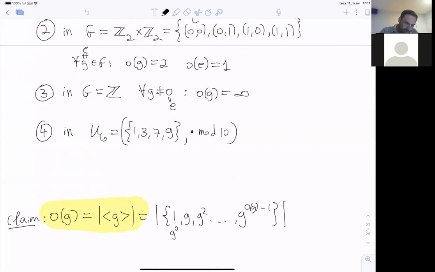So here, for example, if we take 3, we get 1, 3, 9, and 7. So the order of 3 is 4. And the order of 9 is 2. Now, pay attention that always the order of an element divides the order of the group. It must be.